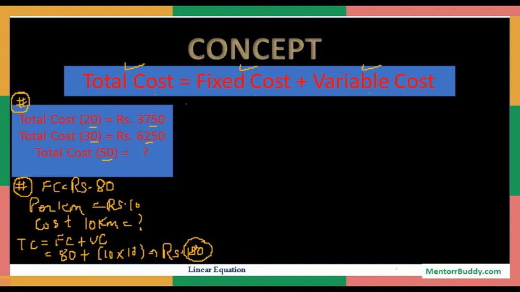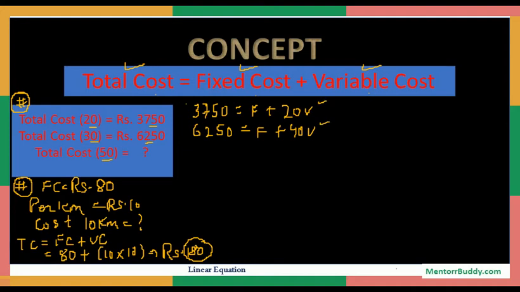So the total cost is rupees 3750, fixed cost will be F, and for 20 people variable cost will be 20V. Similarly, the total cost is rupees 6250, fixed cost will be F, and for 40 people variable cost will be 40V. Now we can see there are two simultaneous equations.